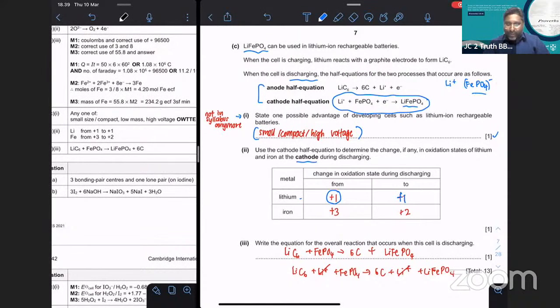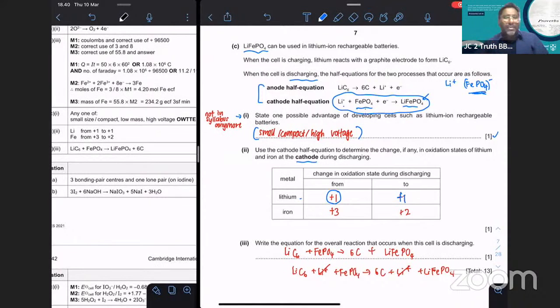So in this case, how do I know this? Because I just take this one. If it is going to be neutral, then it's neutral 0. If it is going to be -1, then it will combine with Li plus. If it is going to be a different value, then it's going to be a different value over here. So in this case, it's always going to be in this form.